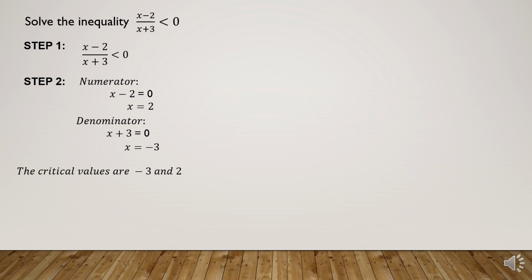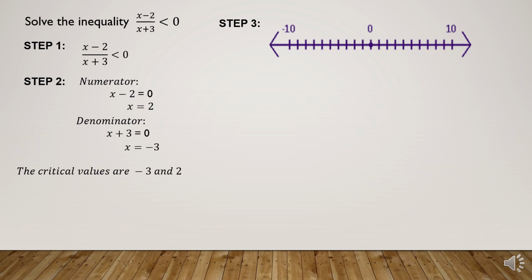Then, step number 3, we're going to plot the critical values on a real number line. So let us start with negative 3. You have observed that negative 3 is the critical value of the denominator. It means that we will use an open circle. Then we have positive 2, which is the critical value of the numerator.